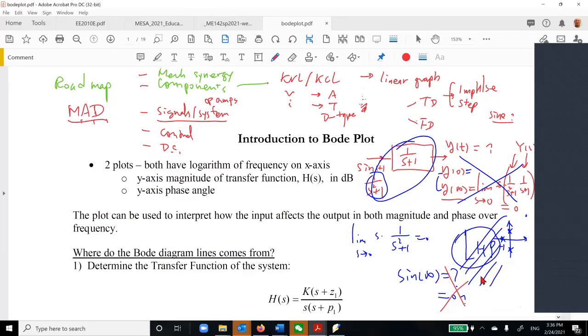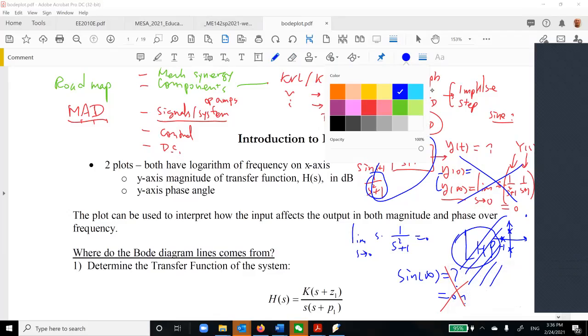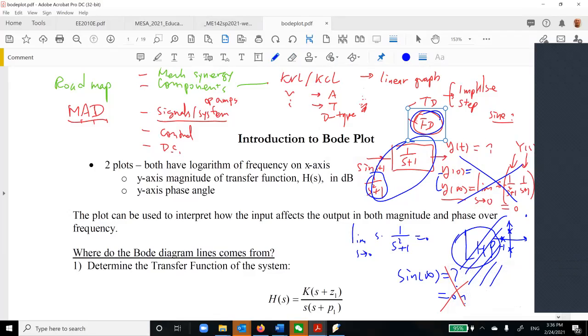So that's another reason you have to do this frequency domain response. The correct way to do this is to say that you have a y of t that is also a sinusoid with the same omega, with some shift in the phase and some change in the magnitude.